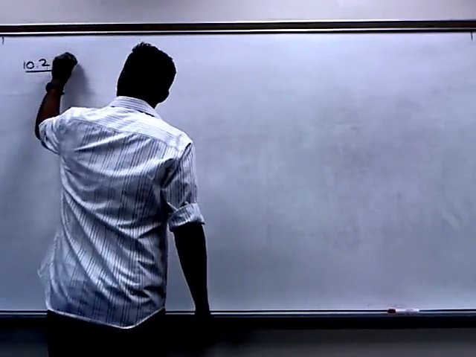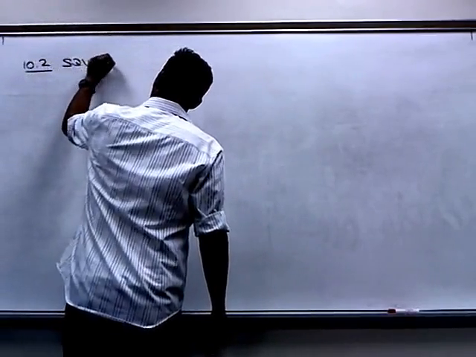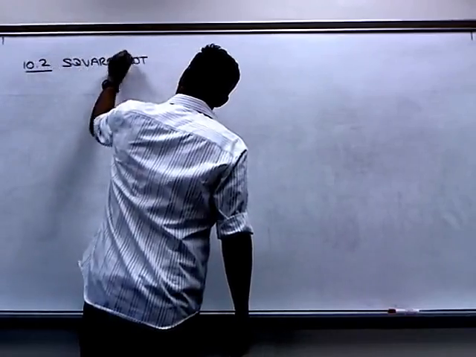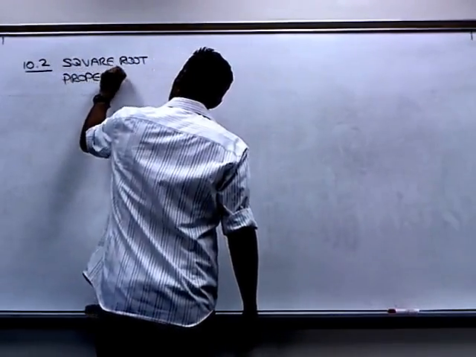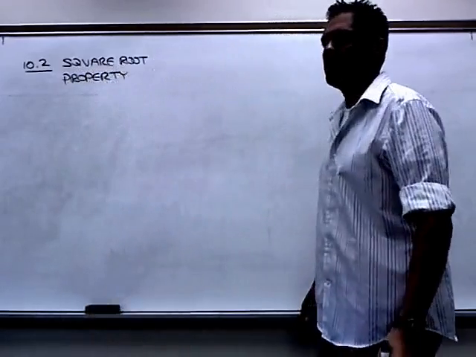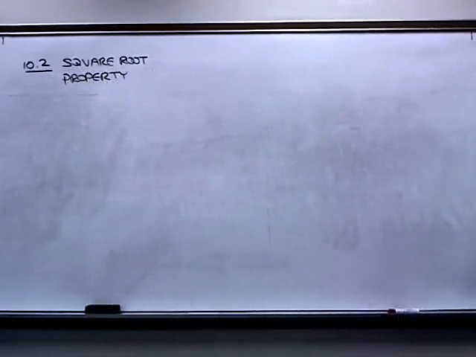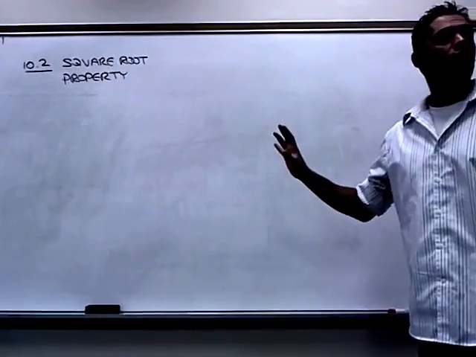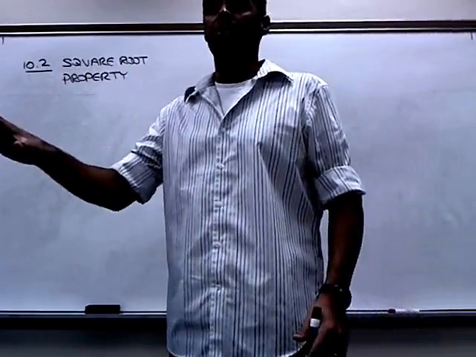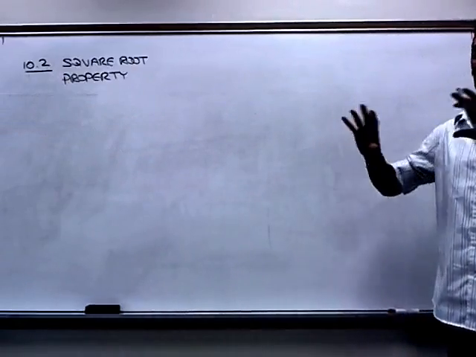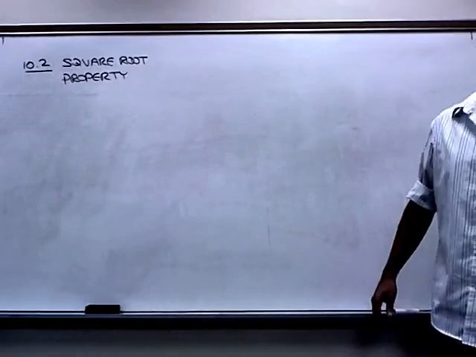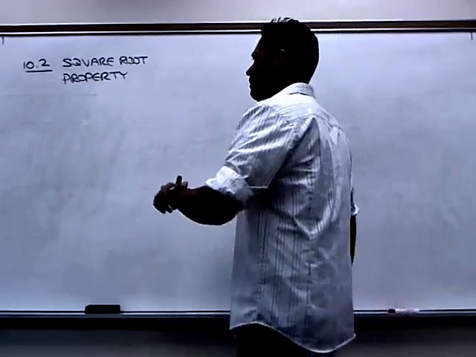The square root property. So all of what we're going to do right now has to do with solving equations. And I'm going to put a very general statement up here, almost like a picture that I want you to try and burn into your head.